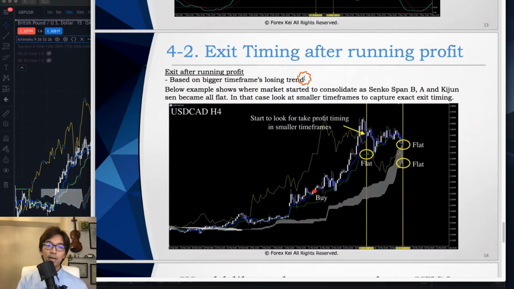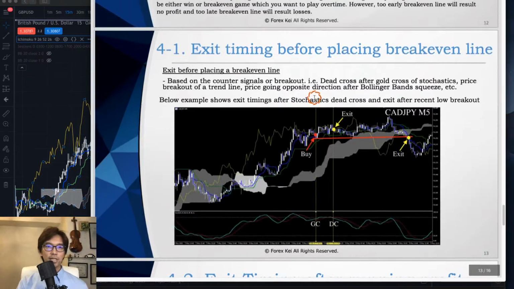But the market does not always go in the trade direction. Sometimes the market goes backwards as soon as you take a buy. In that case, you can refer to this exit timing before placing break even. I have a strategy for where to exit before placing the break even.